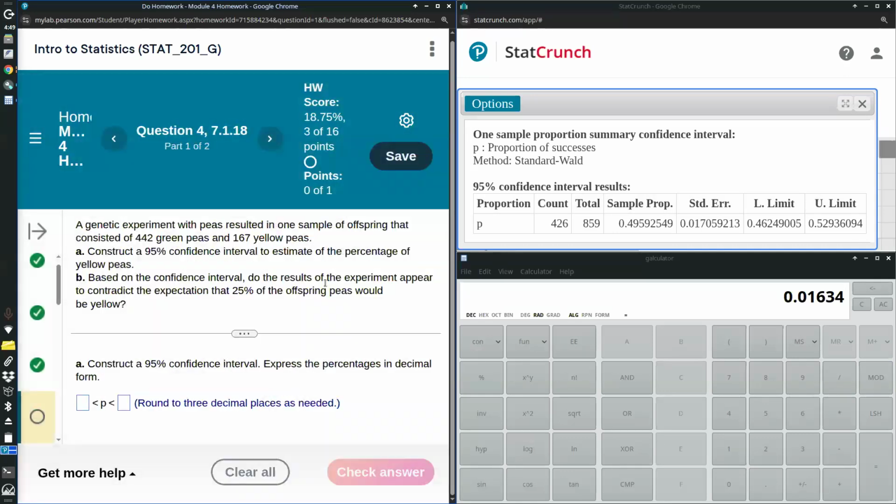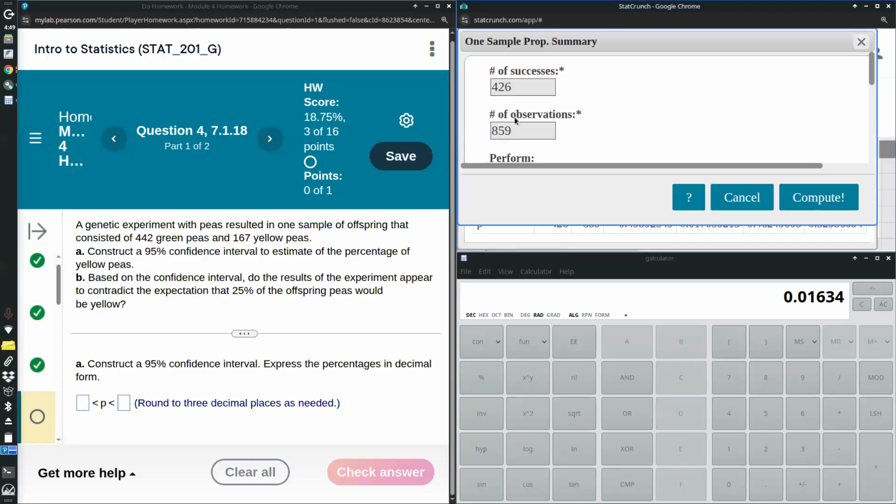Okay, again, we're going to do a confidence interval. So options edit. This one, notice they don't give you the total. They give you that there's 442 green peas and 167 yellow peas. So let's quickly see what that total comes out to. 442 plus 167.